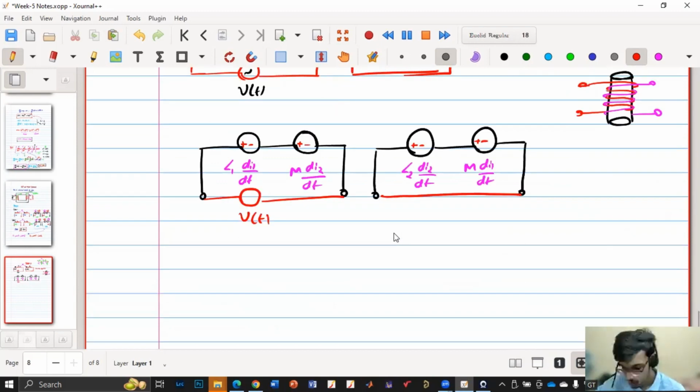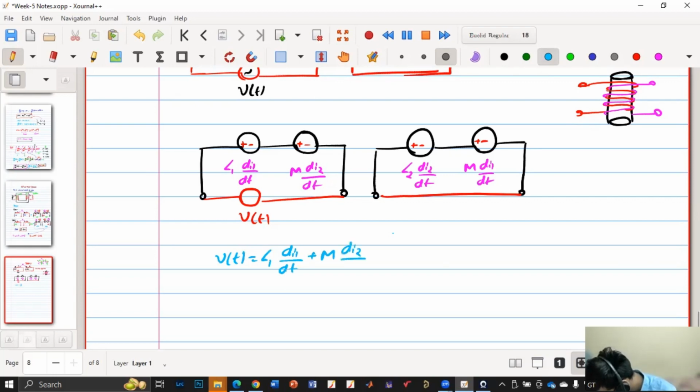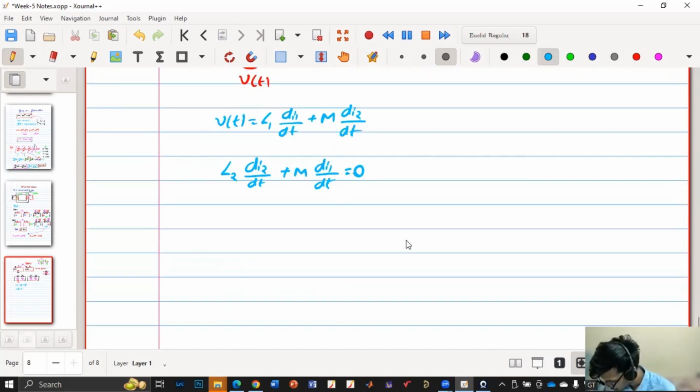Now I will apply KVL, which gives me two equations. One is V of t equals L1 di1 by dt plus M di2 by dt. The other is L2 di2 by dt plus M di1 by dt equals 0. From here I get di2 by dt equals minus M by L2 di1 by dt.